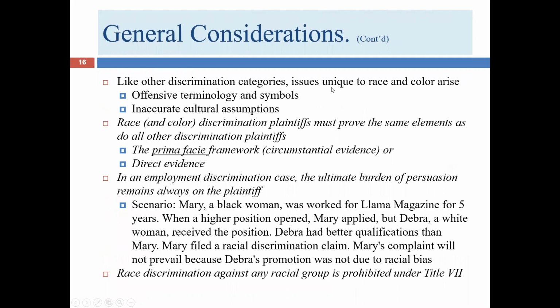Every category of discrimination has its unique issues. And in the area of race, some of those things that come up are the symbols and the terms that are especially offensive and symbolic within the history that we have in our country on these issues. For example, a noose is a very fraught symbol on the racial front.